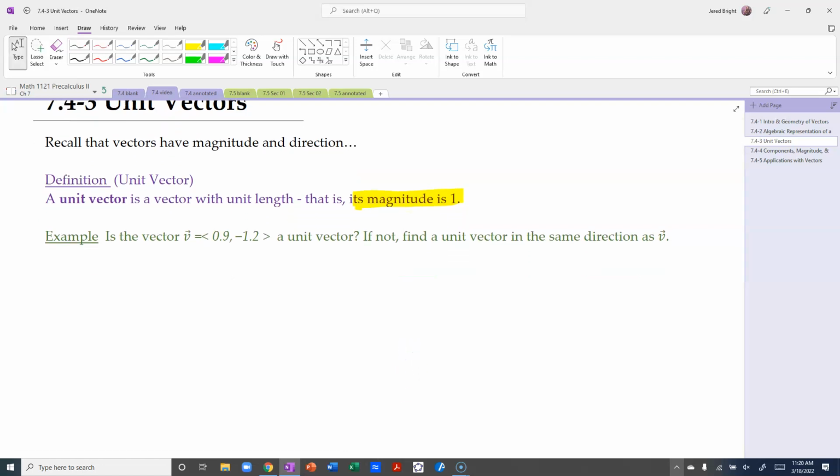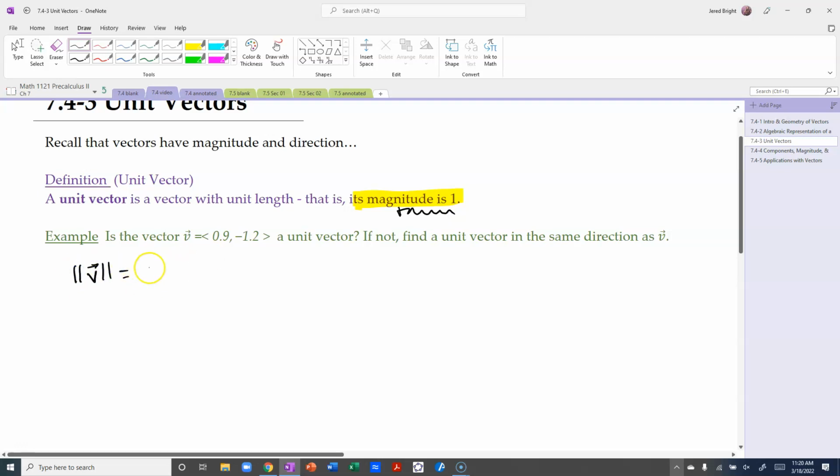If we want to know if it's a unit vector, we need to check if it has magnitude 1. So what is the magnitude of v? Use the distance formula. In this case, this 0.9 is x2 minus x1.